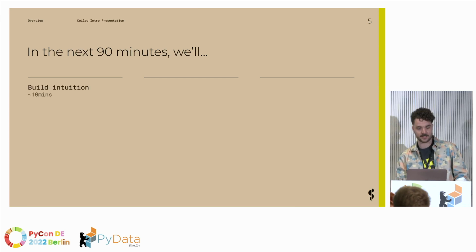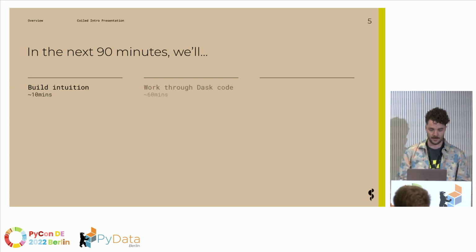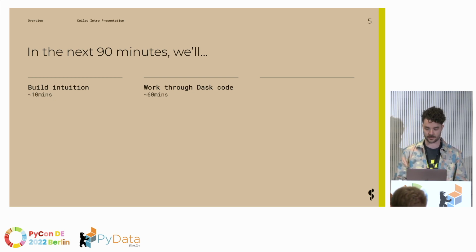In the next 90 minutes, we'll start by building some intuition and motivation around what Dask is and what you can use it for. I'll go through this pretty quick, especially given who's in the room. But if you have questions or if I'm going too fast, feel free to stop me and we can pause. After that, we'll have about an hour, maybe a bit more, to work through the notebooks that I've prepared to get hands-on with using Dask for different use cases.